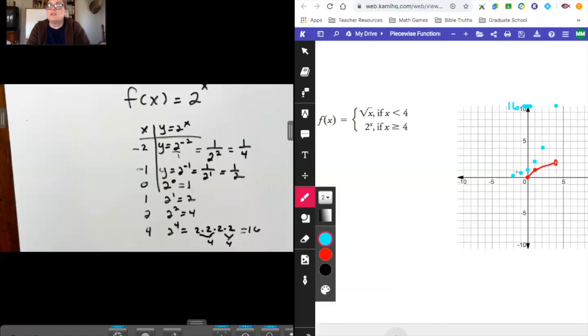And then we would continue that. You can see the function going up, up, up, and it's just shooting up with just a little bit of a curve there. This is where it would be greater than 4. It's going out, out, and I need to erase anything that is less than that. And there you have the piecewise function for the square root of x and for the exponential function.